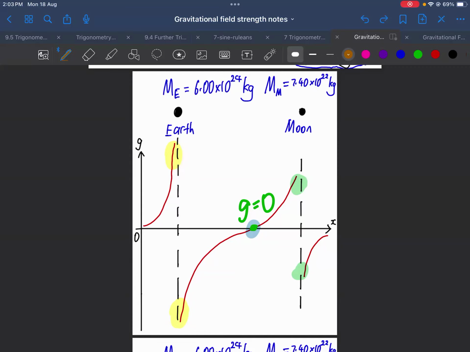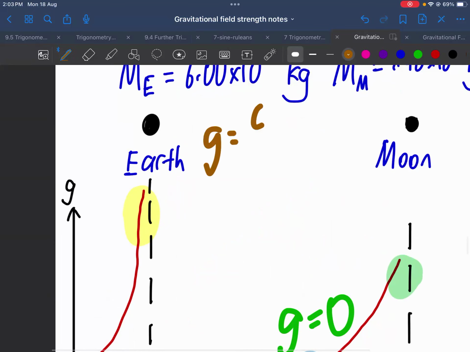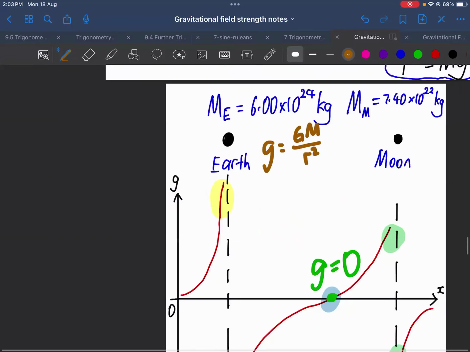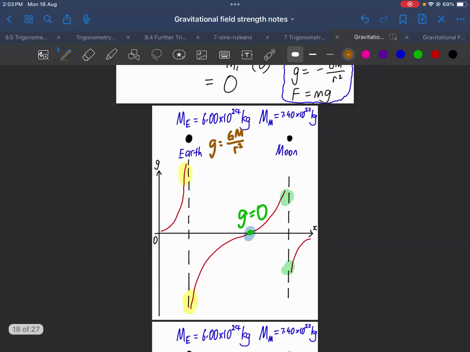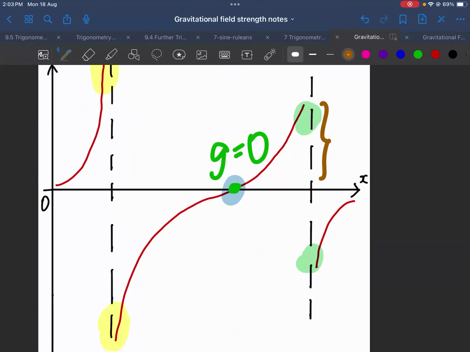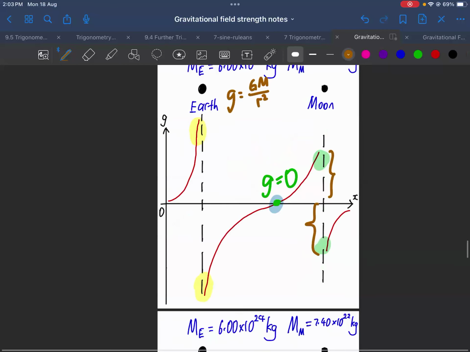Because you know that g is GM over r squared. So the larger the mass, the larger the gravitational field strength. And the moon has a smaller mass, that's why the moon has a smaller gravitational field strength here.